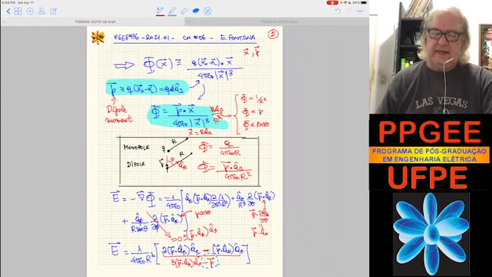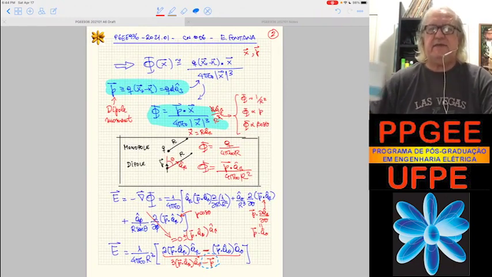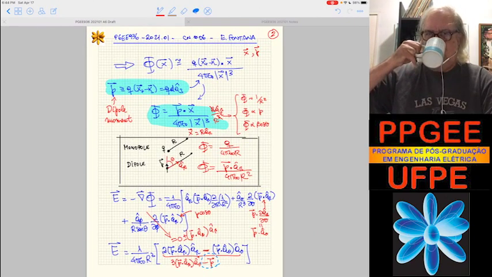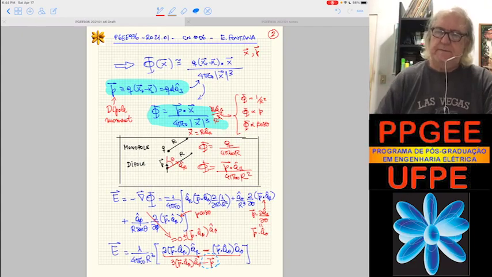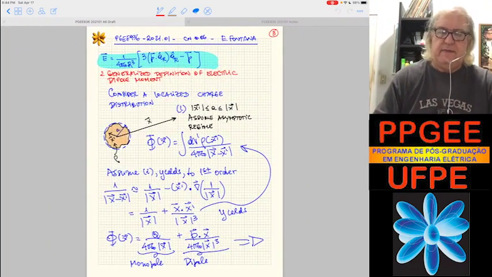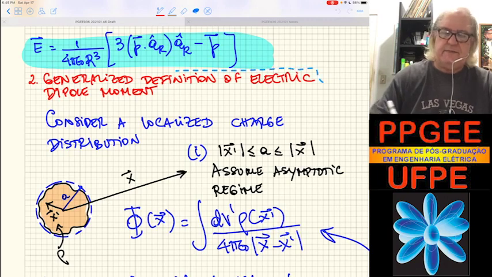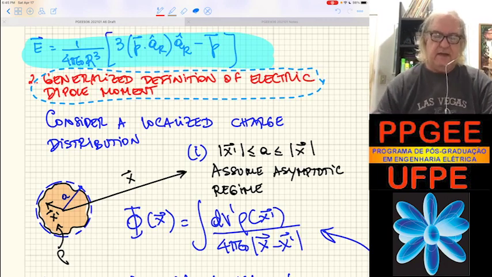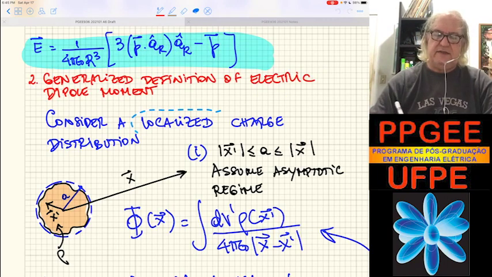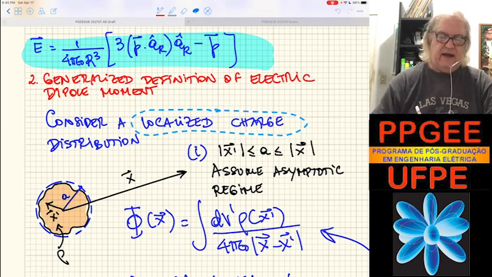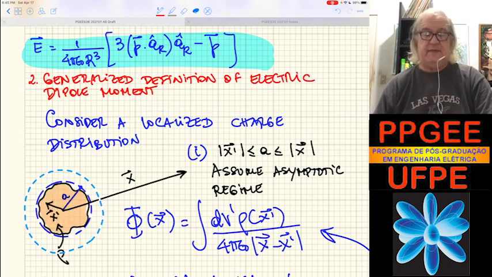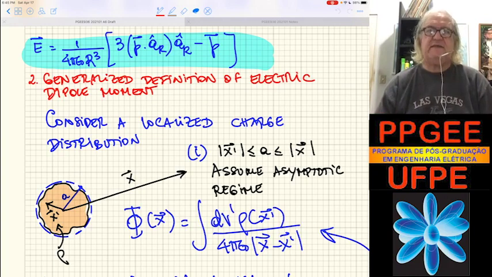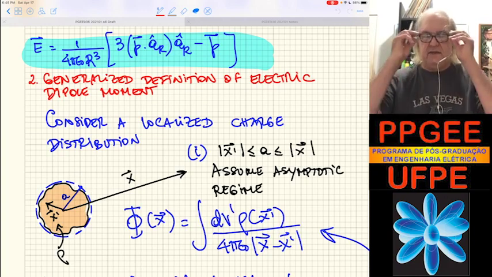Well, we did that just for a simple pair of charges, but let's do that for a more general form of charge distribution. Let's make a generalized definition now for the dipole moment. Whatever your distribution is, let's say you have a localized distribution of charge. That means that I can always find a sphere of a given radius A that always encloses all elements of the distribution.